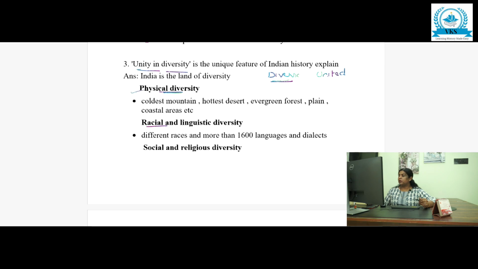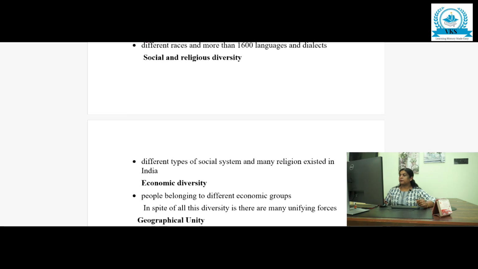Second one, racial and linguistic diversity. India has different races and more than 1600 languages and dialects are being spoken in India. So that is how India is having racial and linguistic diversity. Next one, social and religious diversity. Different types of social system, many religions, etc. existed in India.